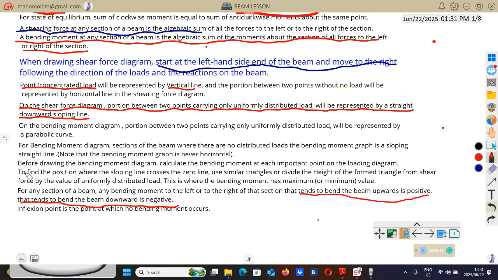Right. Now we are here. Before drawing the bending moment diagram, calculate the bending moment at each point on the loading diagram. So we're still doing this part of calculating the bending moment at each point. But remember that other point is where this shear force diagram crosses the 0 line. Now remember, a moment is force multiplied by distance.